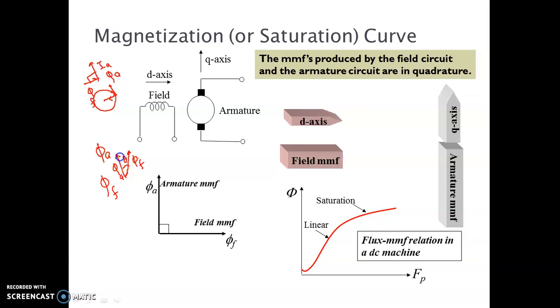One component will be phi F sin theta along one axis, and phi F cos theta along the other. So along the phi A axis there will be two components, one due to the armature, another due to the field.